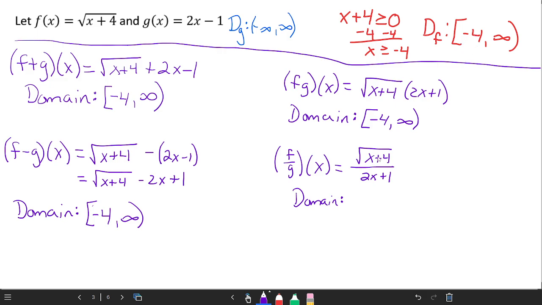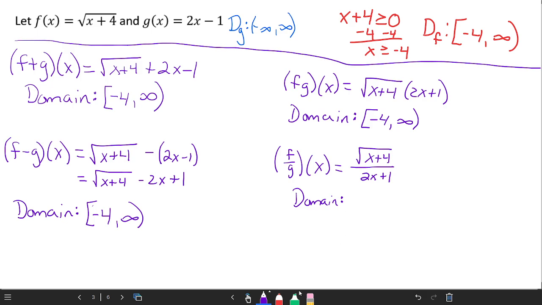We still can't plug anything in that's less than -4 because we would get a negative under the square root. But the extra thing we have to consider now is that we've divided, so we have a fraction. So we can't substitute in any x value that would make this denominator 0. We can't substitute in any x value that would make the output from g equal to 0. We could have an output of 0 here when the function g was by itself, but now it's in a denominator and we can't divide by 0.